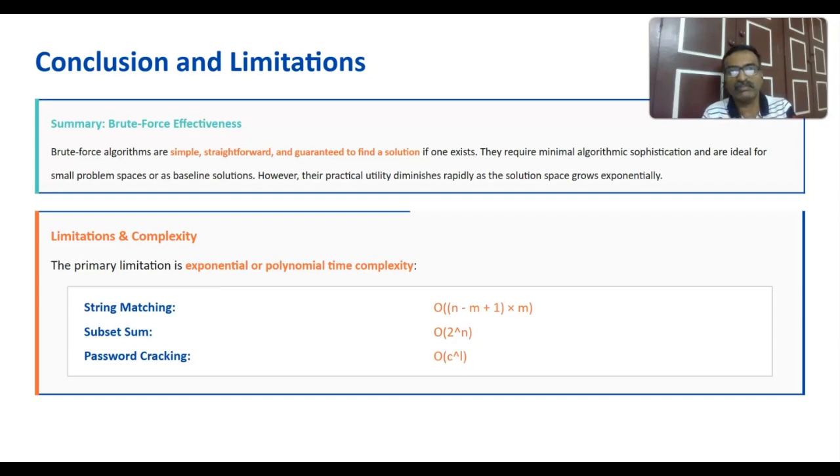I told you, some passwords take only digits, some only letters, some digits and letters, some digits, letters and symbols also. Depending upon that, the number of possibilities and the complexity increases. Also, as the length increases, the complexity increases. So for password cracking, it is of the order of C raised to L.